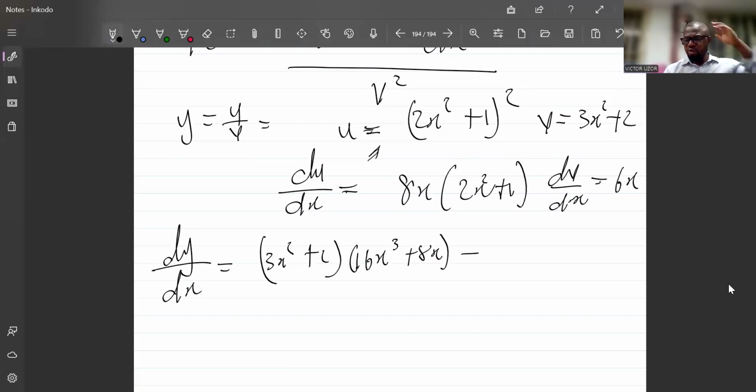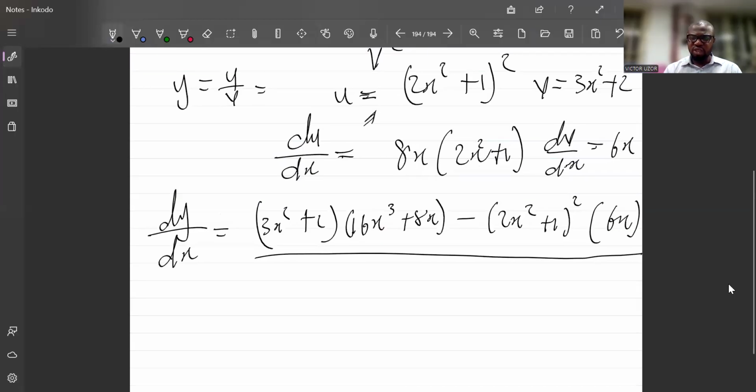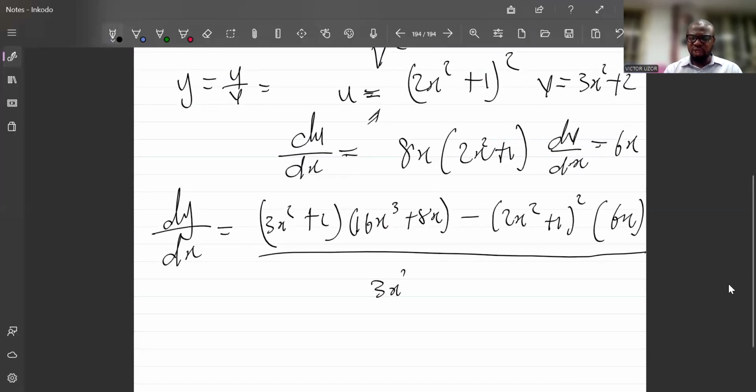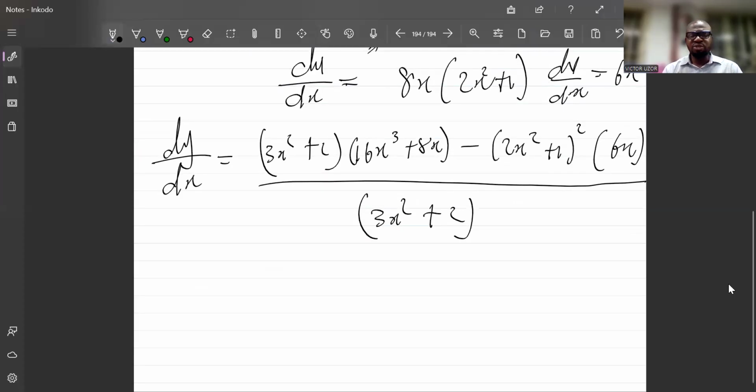Then minus u, which is (2x squared plus 1) raised to the power 2, multiplied by what we get when we differentiate v, 6x, all over v squared, and our v squared is (3x squared plus 2) squared. So this is the basic one, where you can now simplify the equation and get the answer. This is just the basic way of solving the quotient rule and product rule.